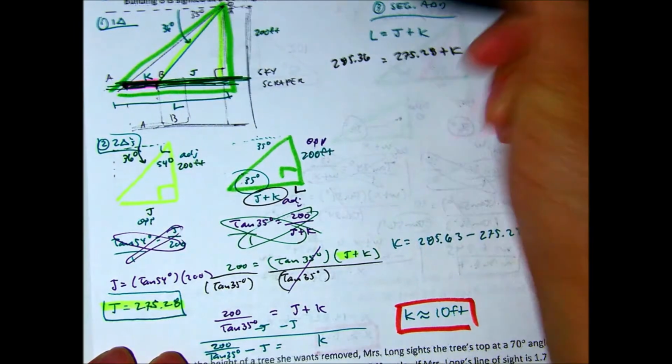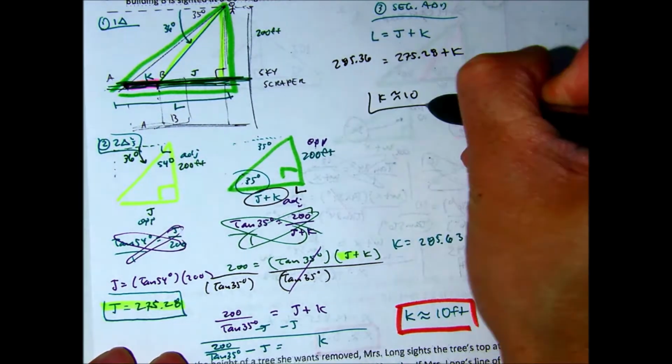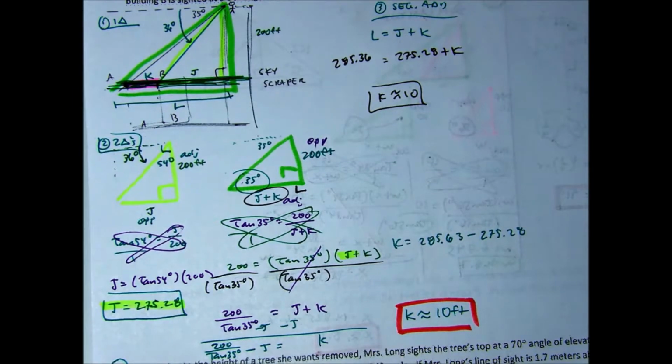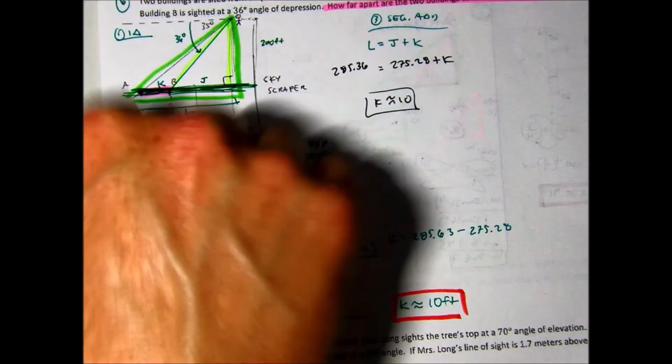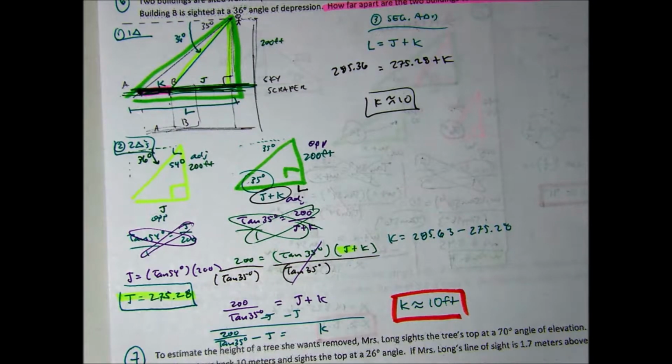And then if you subtract it, you would have gotten the same thing, K equals approximately 10. All right, so let's review. Draw one triangle, separate it, and then you could use segment addition and get an answer.